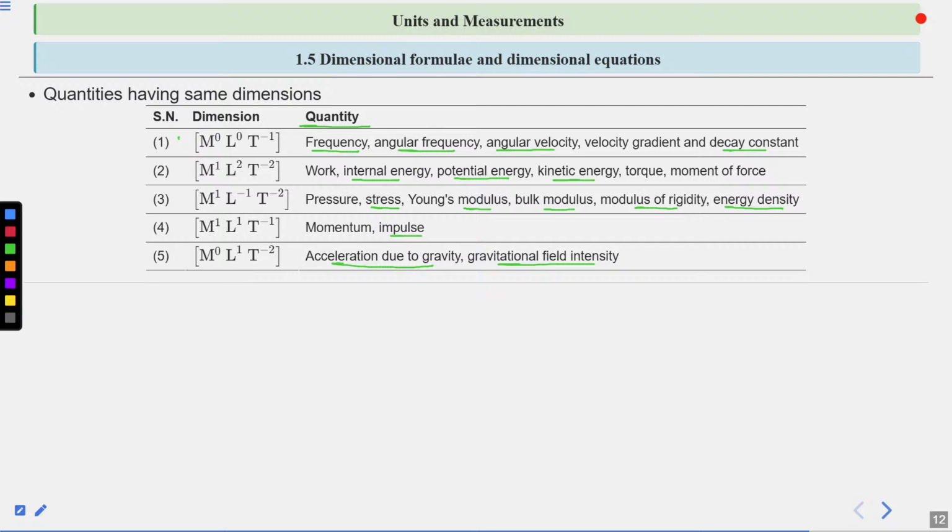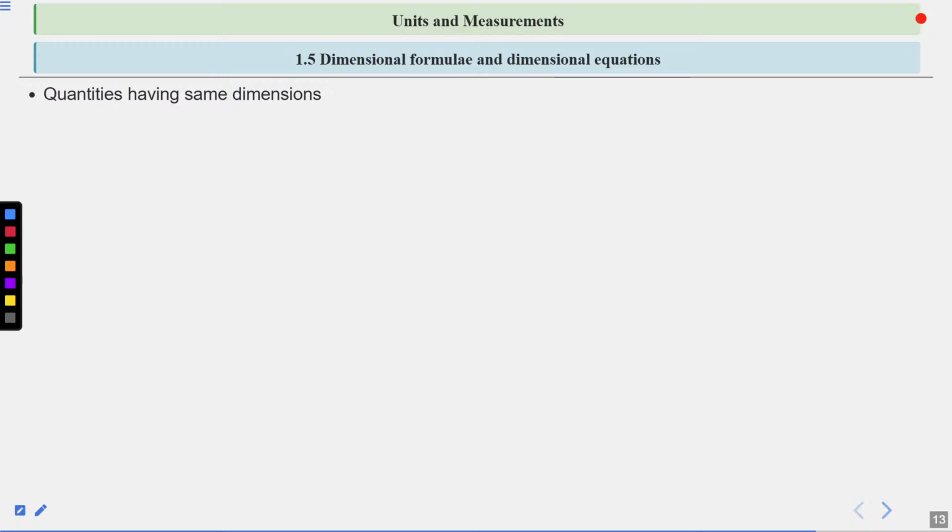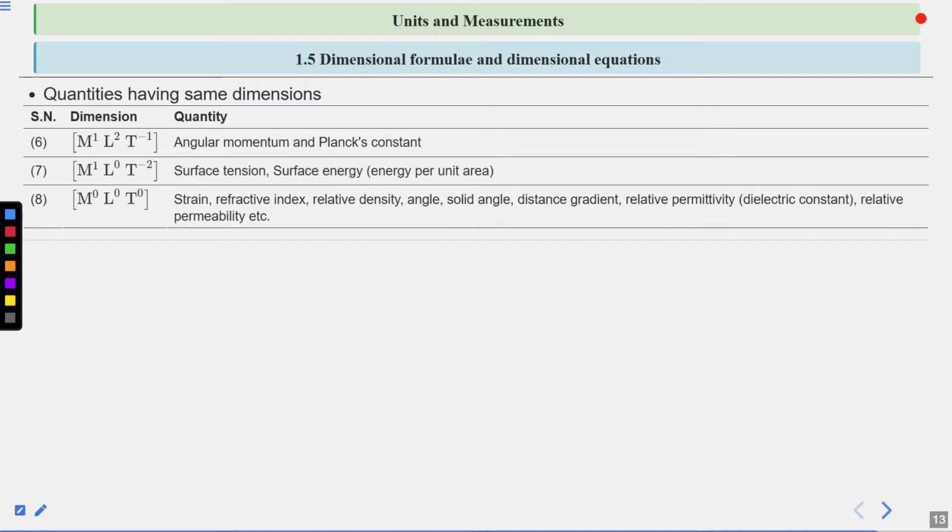Now we will learn more dimensional formulas. Quantities having same dimensions. Angular momentum and Planck's constant: the dimensional formula is M L square T inverse. Surface tension, surface energy, energy per unit area: M L0 T raised to the power minus 2.